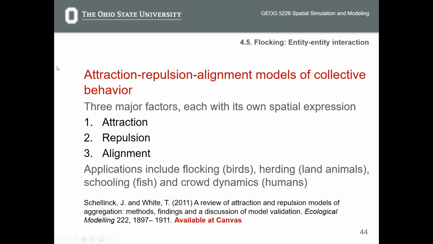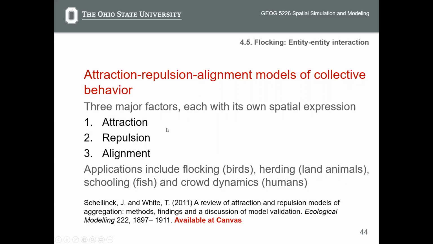Again, the system itself, attraction, repulsion, alignment model or system, is a building block model. Okay, you can give it a specific context, give it a specific meaning, so it can be applied in different realms, areas, right?